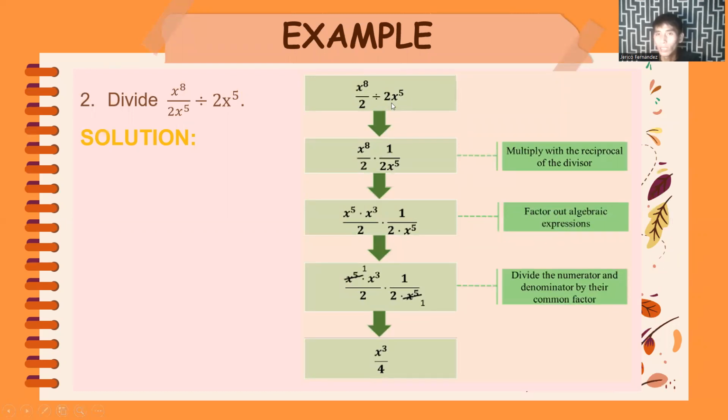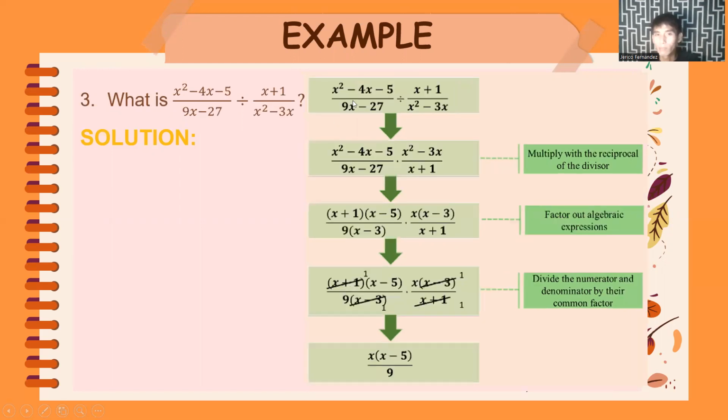Since it is only a constant or a one term, the denominator is 1. Every natural number or every term which is not a fraction, the denominator is always 1. So the reciprocal will be 1 over the number. So we have this, and then go to multiplication, and then factor out, cancel out, then multiply the remaining terms.